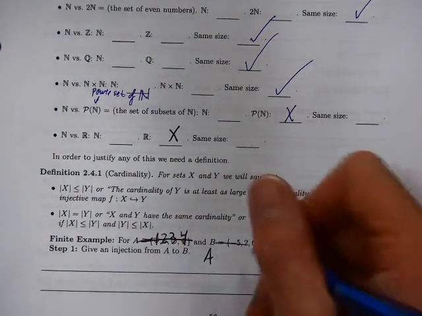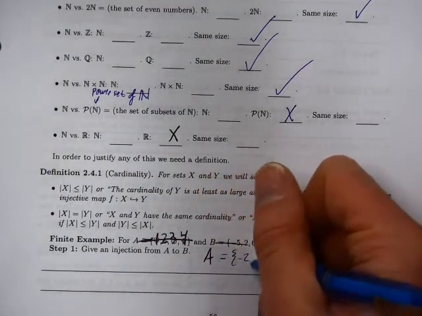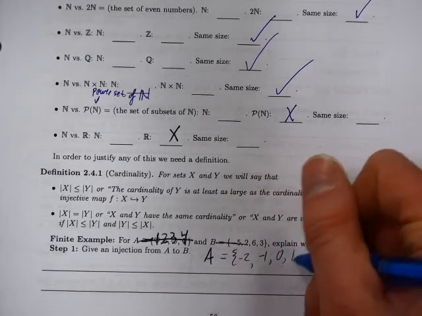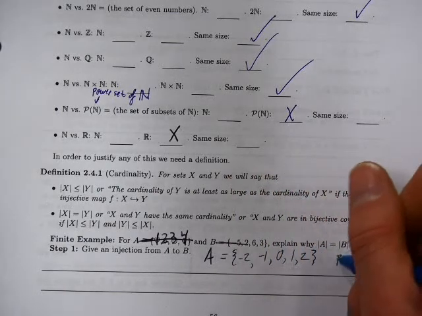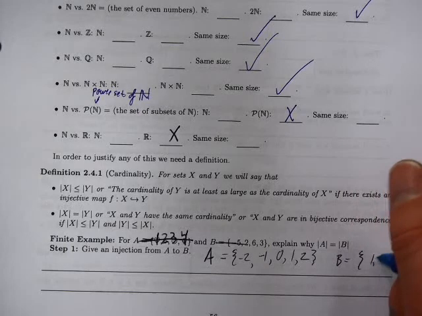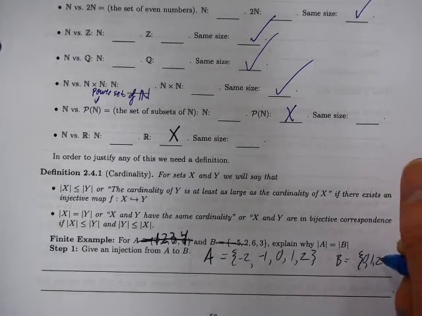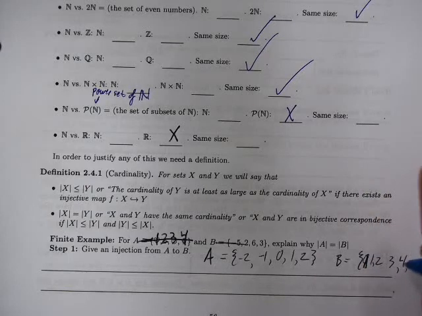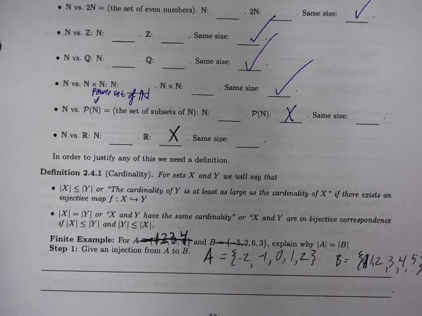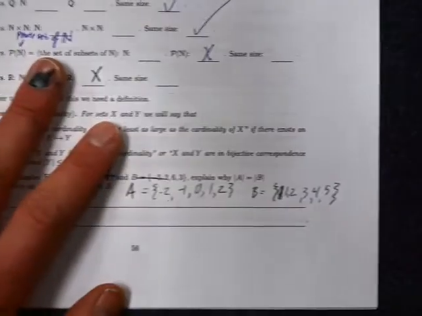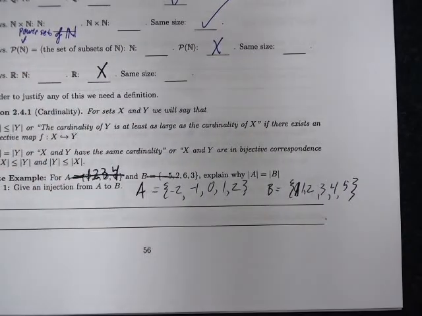So if A is -2, -1, 0, 1, 2, and B is 1, 2, 3, 4, 5. Those are two sets that you told me at the top of the page had the same size, assuming I've actually written them down correctly.